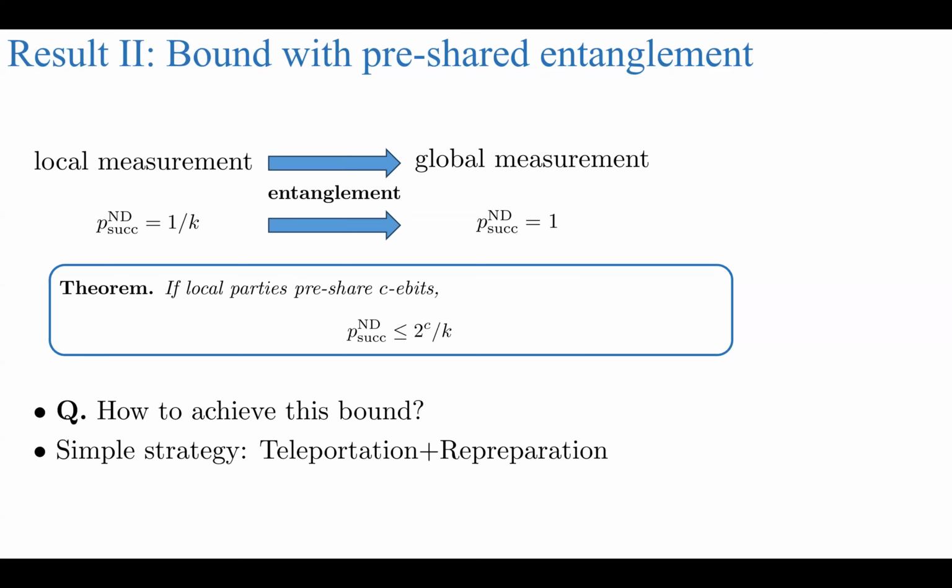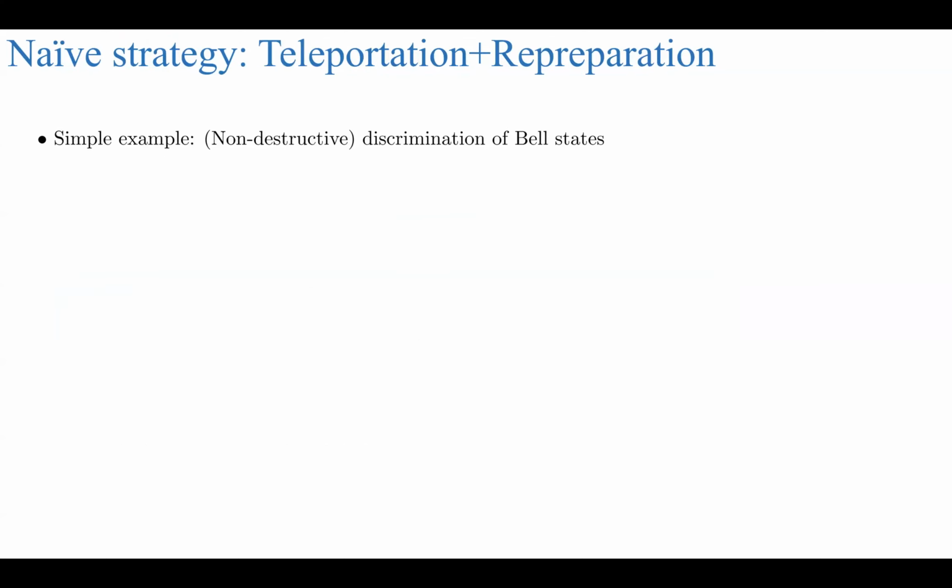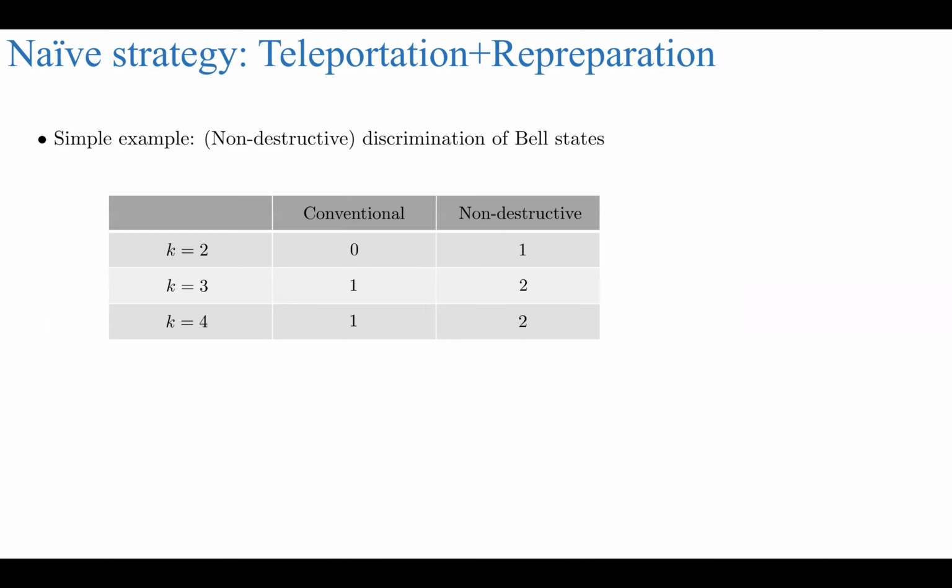It's very simple, but it's very powerful in conventional state discrimination tasks. Okay, let's look at the very simplest example: non-destructive discrimination of Bell states.